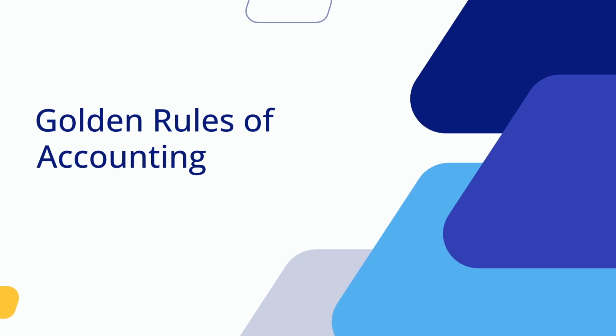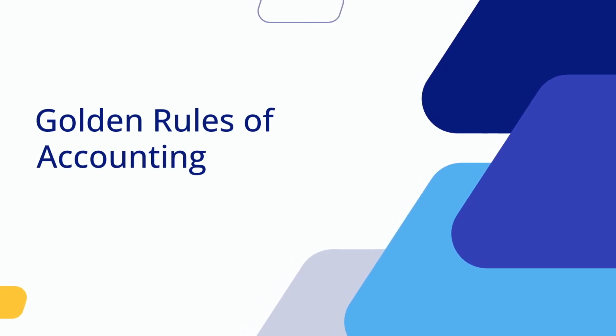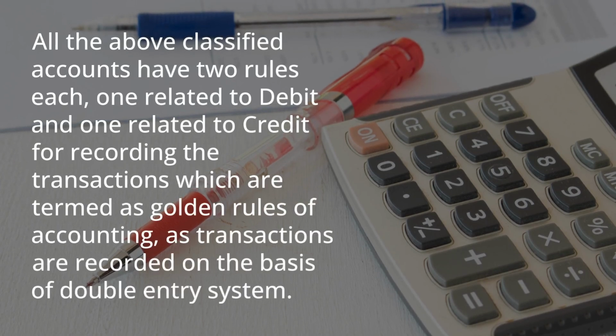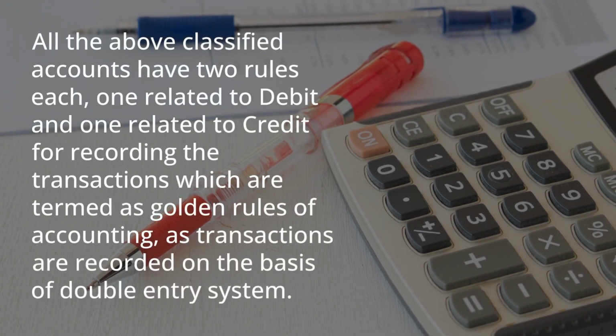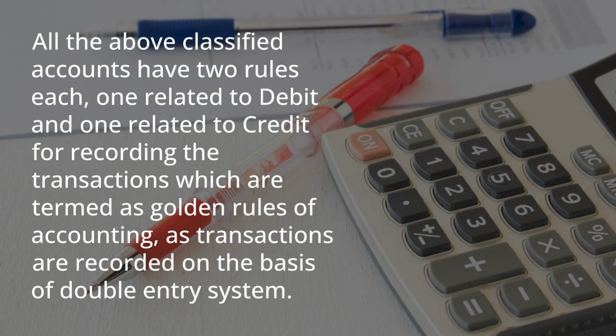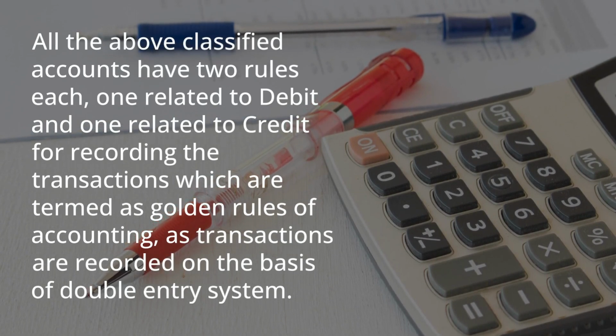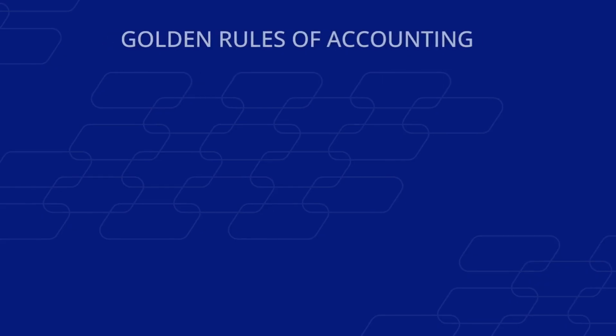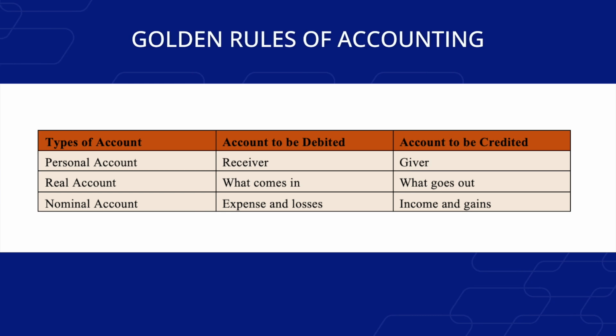Now, let's begin with the golden rules of accounting. All the above classified accounts have two rules each, one related to debit and one related to credit, for recording the transactions, which are termed as golden rules of accounting, as transactions are recorded on the basis of the double entry system. The following table shows the golden rules of accounting.